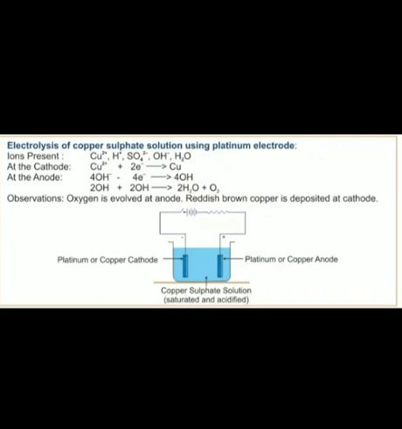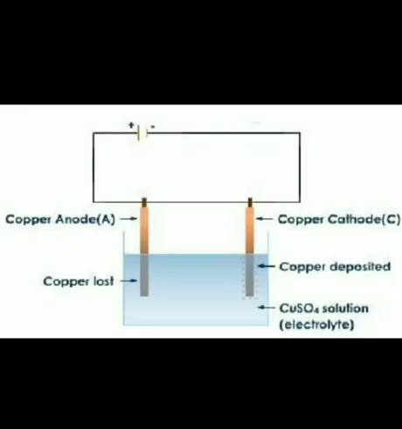Now we have to move to electrolysis of aqueous copper sulfate when the electrodes are active. That means you have to take both the electrodes as copper. That means they are active electrodes, and they take part in the electrochemical reaction.